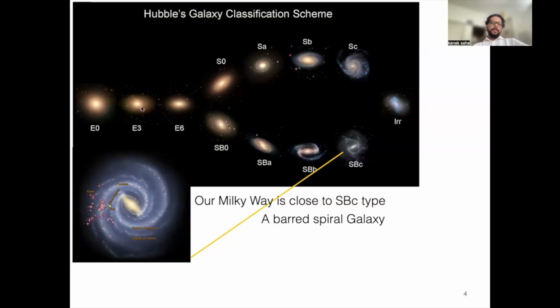Apart from the elliptical and spirals, there are lenticular galaxies, or S0 galaxies, which have no spiral arms. And apart from these, there are the irregular galaxies, which have no obvious shape and size to be described in simple terms.